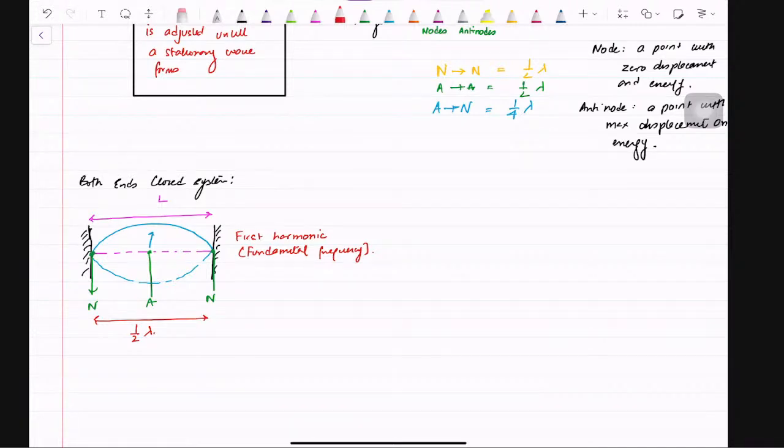That basically means that we can say that half lambda is equal to the length of the string right now, and lambda will be equal to 2L divided by 1. Can I write it like this, please? It doesn't matter, right? Yeah.